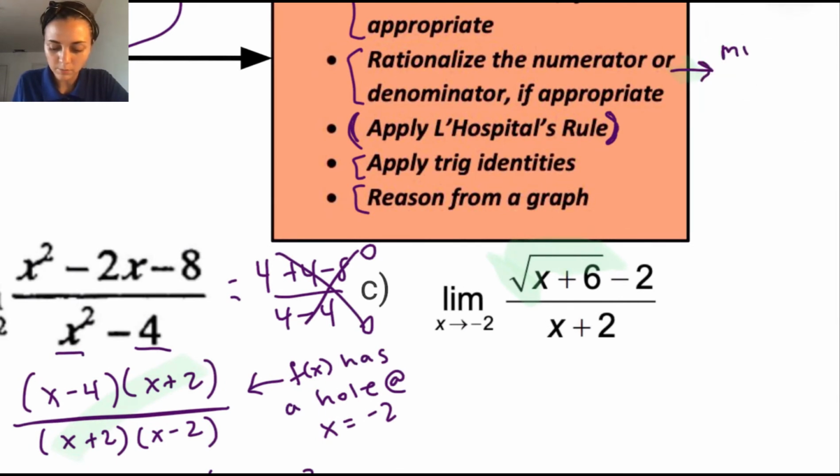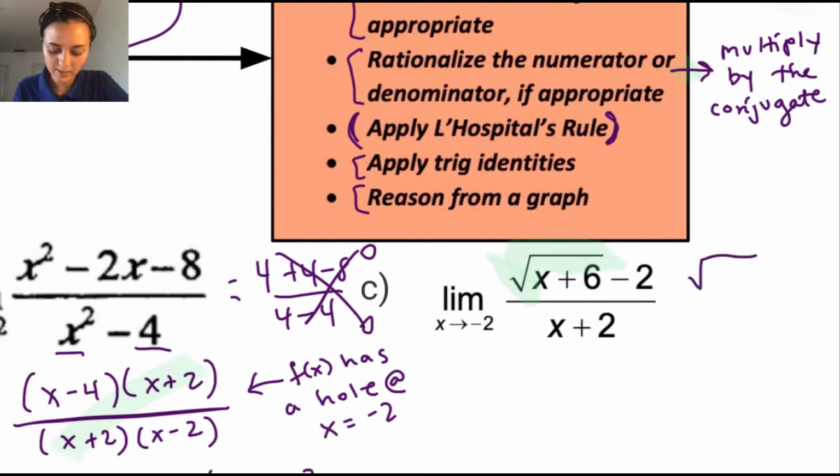So we're multiplying by the conjugate. Okay, so what the conjugate is, it's basically I take the same term, but instead of that -2, I'm going to say +2.